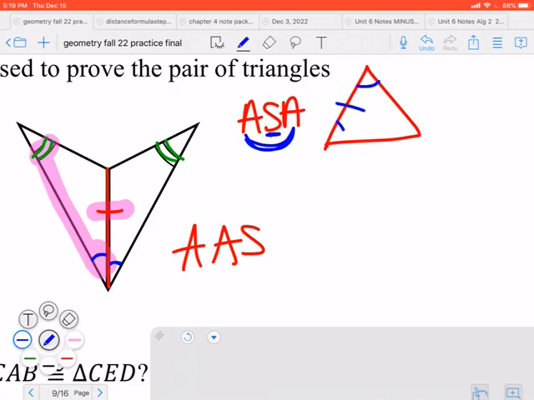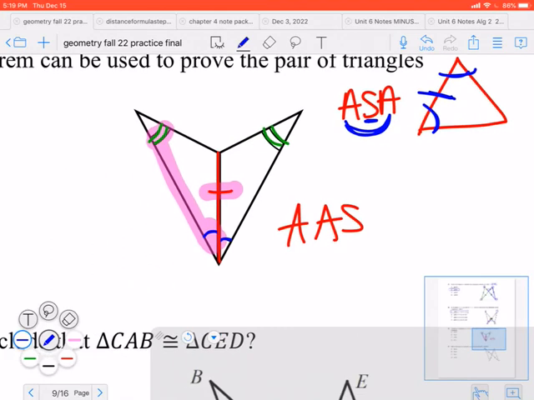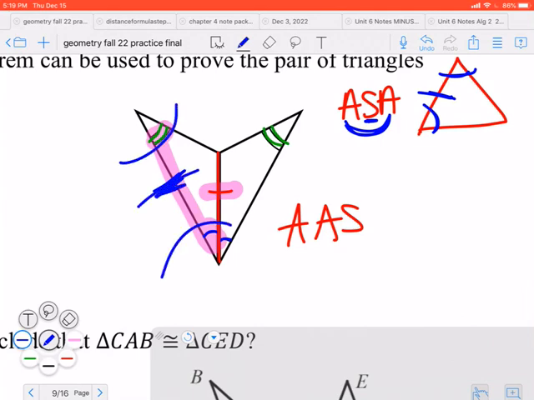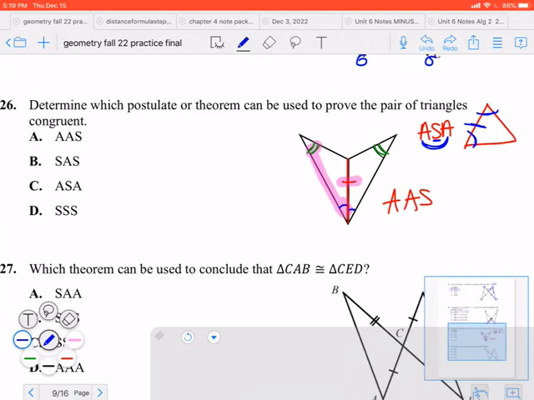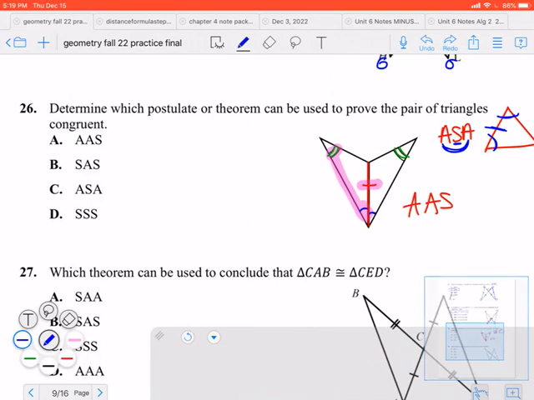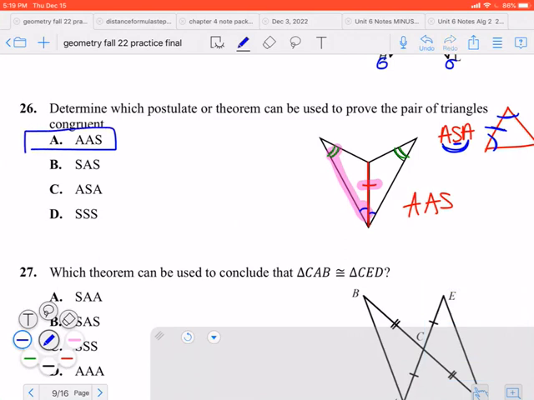So that would look like that. Here we didn't have that. It would have to have been this side for angle, side, angle. So this one is angle, angle, side. Letter A.